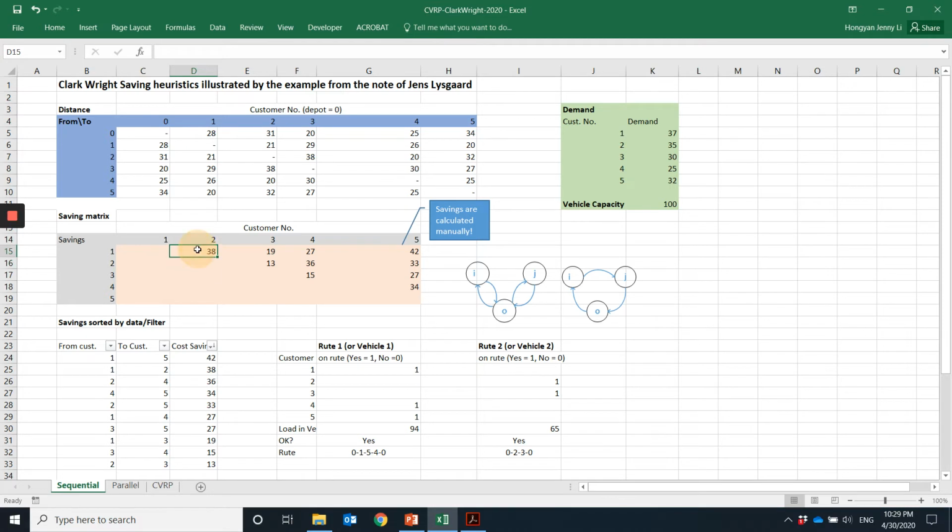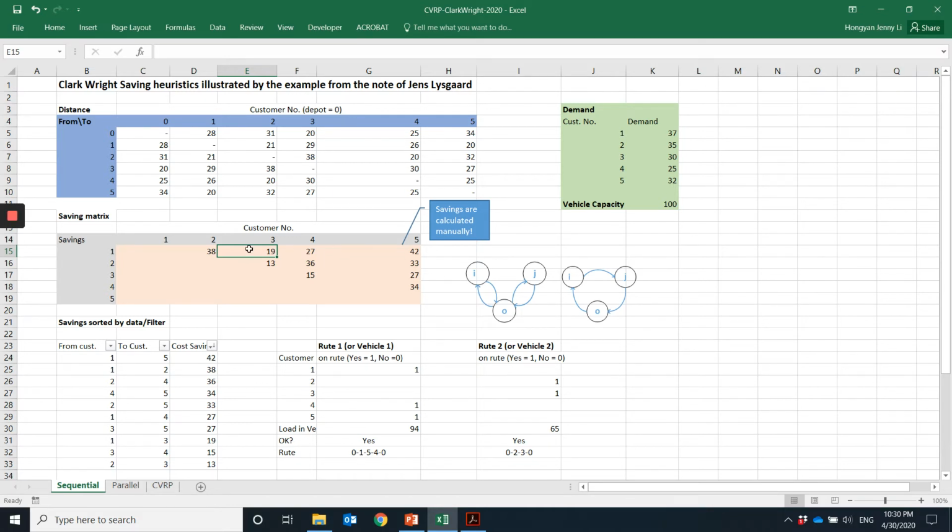If we can save cost by connecting multiple customers in one single trip, then we save cost. That's also the purpose of this algorithm: to find the possible routes for each vehicle and decide how many trips you need to design in order to minimize the total cost.